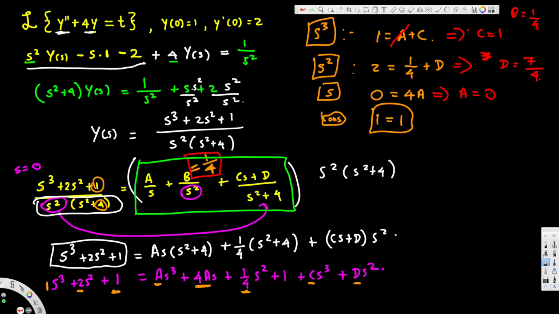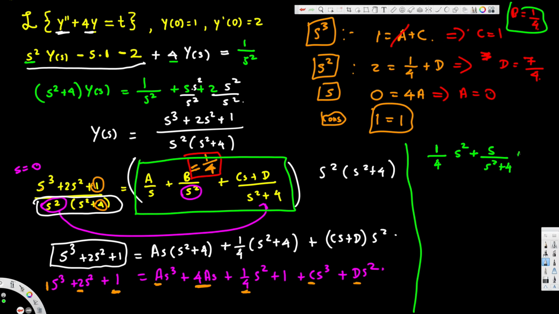B is 1 over 4, and then s square, 1 over 4 s square, and then we have cs, c is 1, so s over s square plus 4.